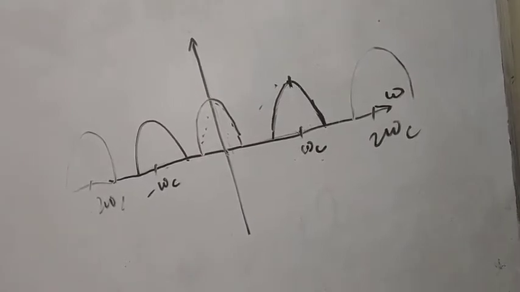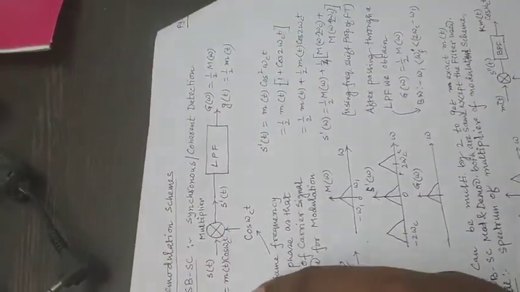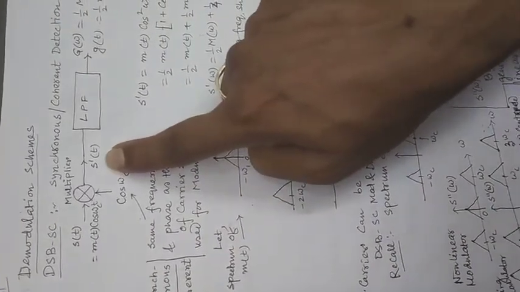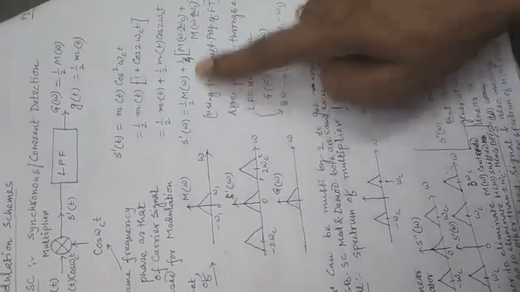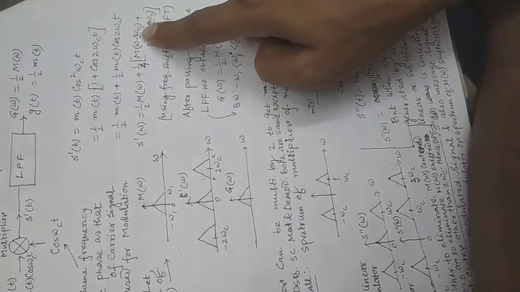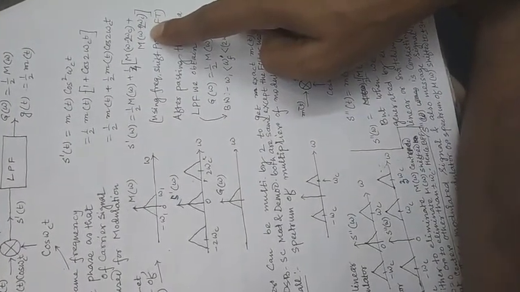So what do we get if we use the demodulation scheme in that way? I have the modulated signal m(t) cos omega ct, and if you multiply it once again by cos omega ct, what will s'(t) be? s'(t) will be composed of the message signal, plus the message spectrum shifted to plus 2 omega c and the message spectrum shifted to minus 2 omega c.